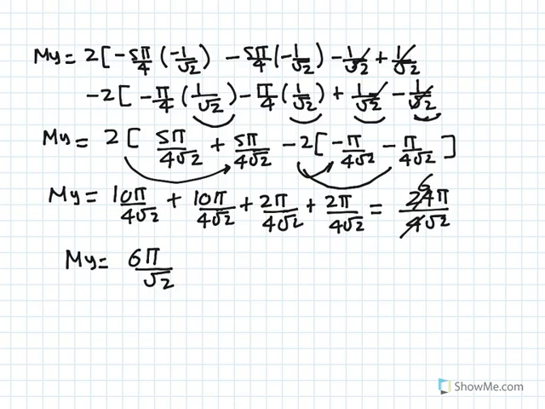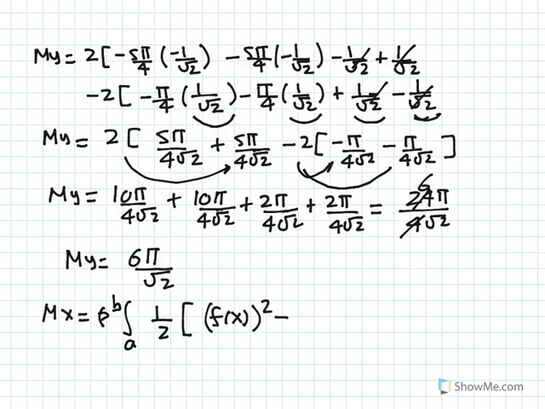So now let's define also the moment with respect to the x-axis. This is rho times the integral from a to b of 1/2 times f of x all squared minus g of x all squared dx.